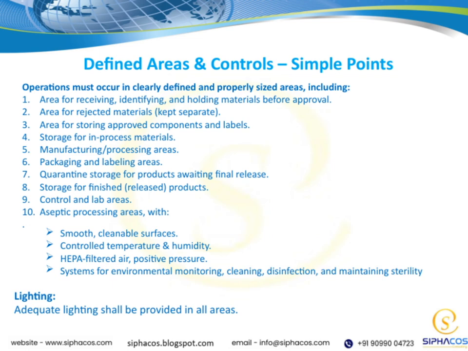We also require control and laboratory areas for testing and quality checks. In aseptic processing, the areas must be well-defined and controlled to maintain sterility. The overall goal is to ensure that each stage is properly segregated and maintained so that the integrity of the manufacturing process is upheld at all times.